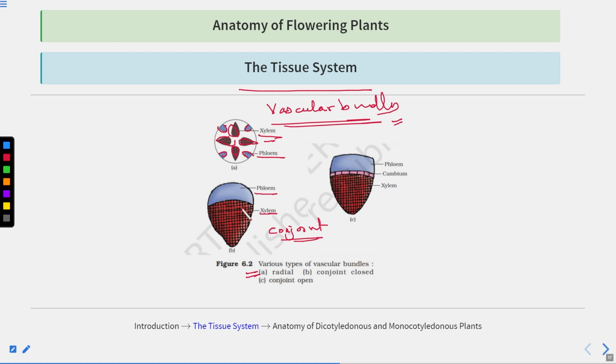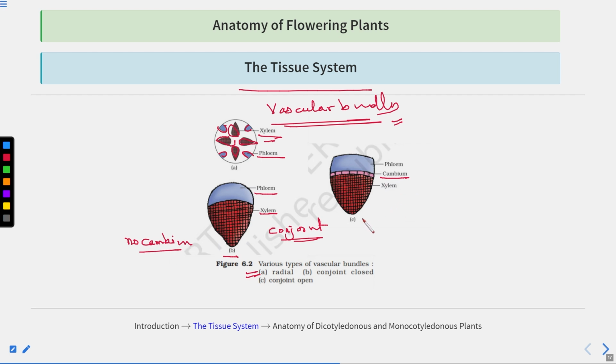They are very close together at the same radius. In this B structure, there are no in-between cells between the phloem and xylem, so no vascular cambium tissue is there. Here you can see no cambium.